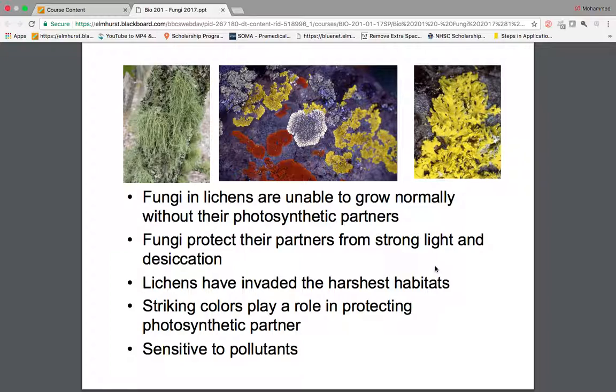So we talked a bit about mycorrhizae. These are mutualistic relationships between fungi and plants. They're incredibly common. Most plants go through some kinds of fungal associations. They act as extensions of the root system. So here we're looking at the root, but all of this white around the root, that's all hyphae.